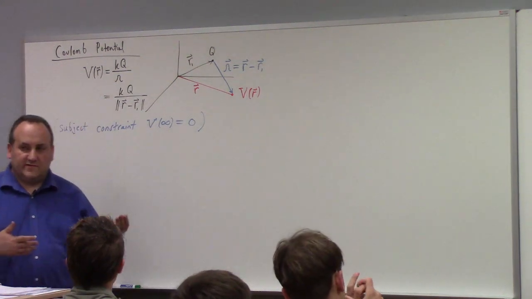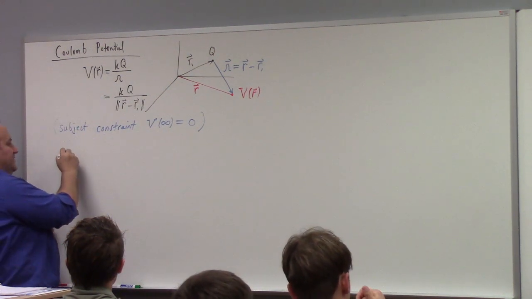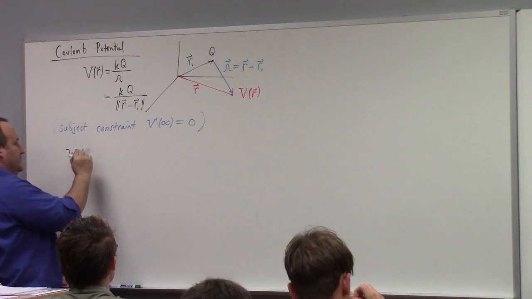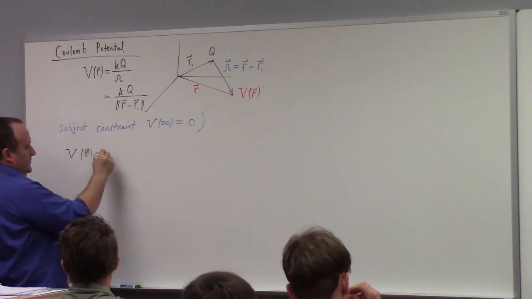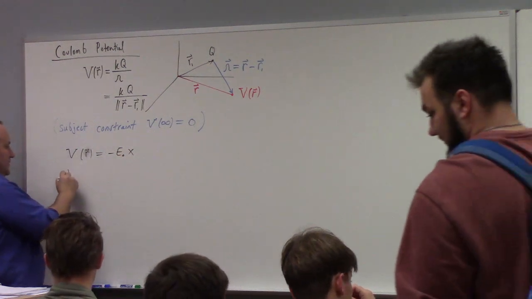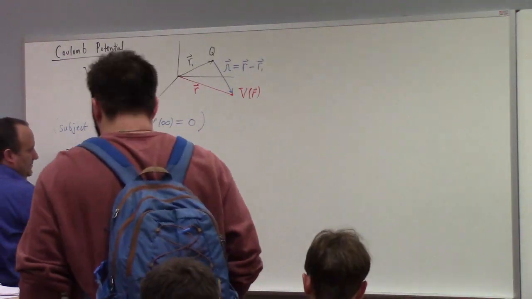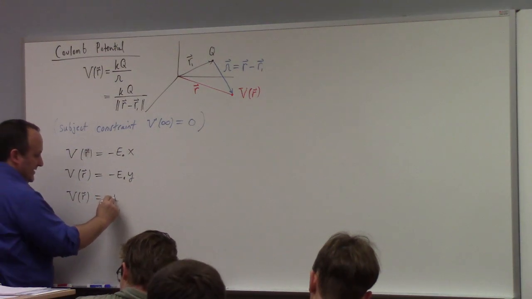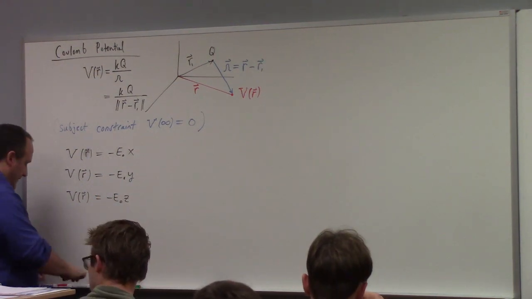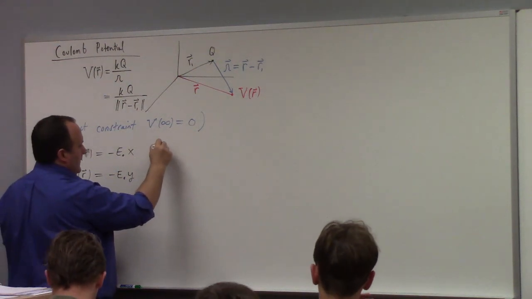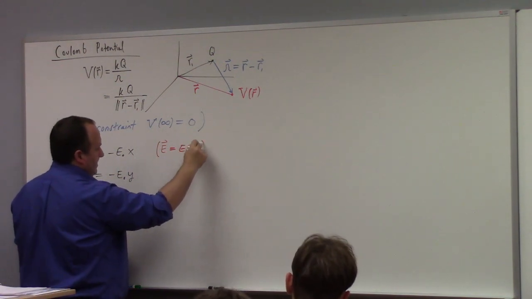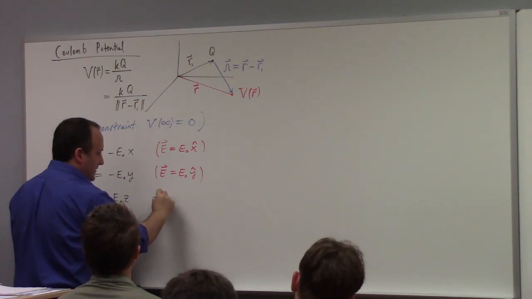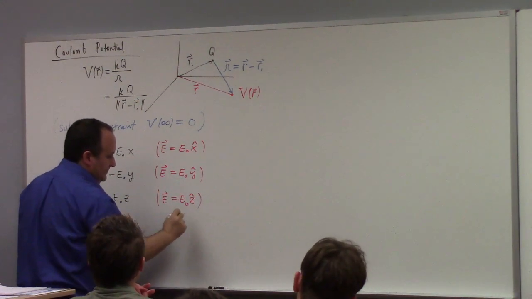So what happens to those voltage functions if you think about it? So last time we had, just to recap, V of R equal to minus E naught X, V of R equal to minus E naught Y, and V of R equal to minus E naught Z, respectively, for the electric field E naught X hat, the electric field E naught Y hat, the electric field E naught Z hat, right?